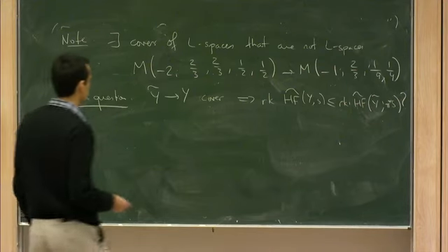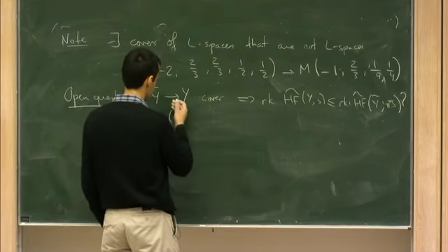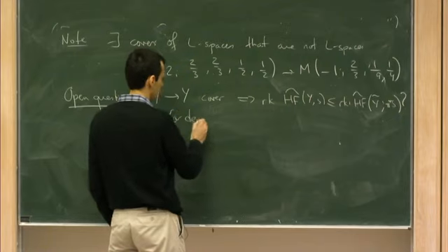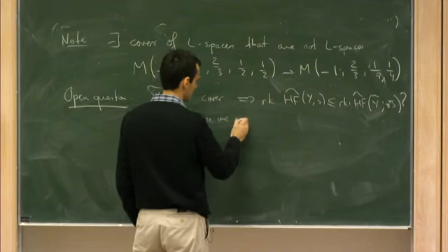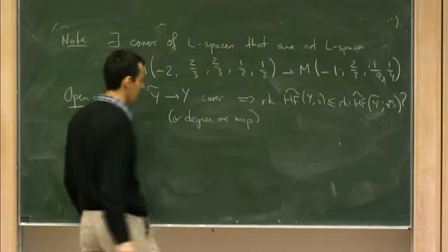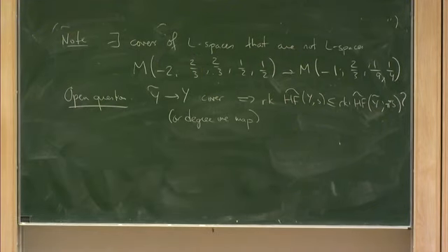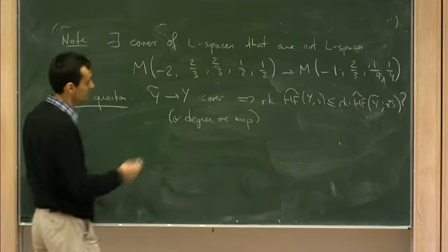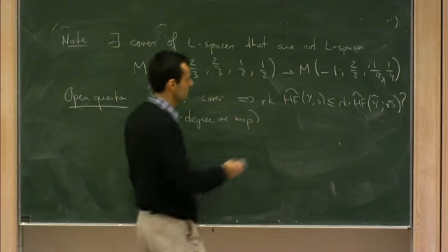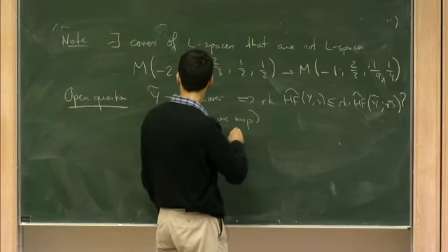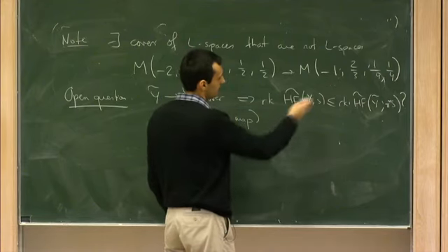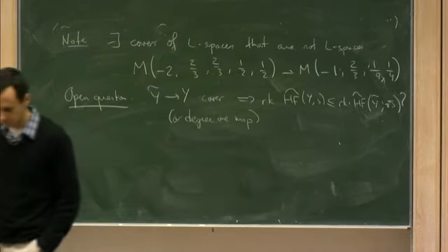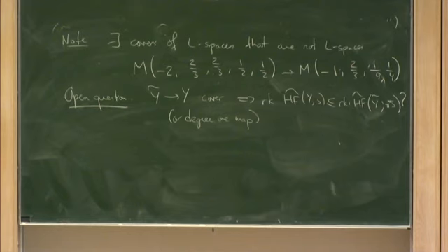You could also ask about a degree 1 map. Michel Boileau gave a talk about things like this, and you could look at these kinds of relations between three-manifolds and ask if the rank of HF hat is monotone under the existence of such maps.